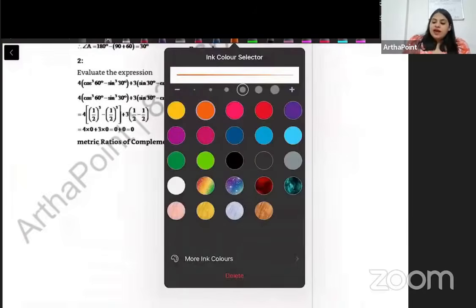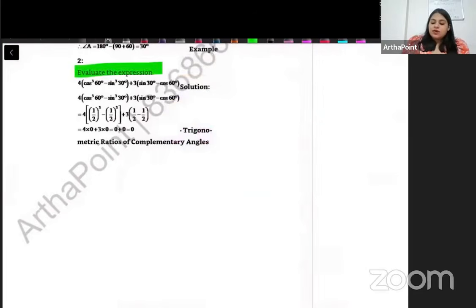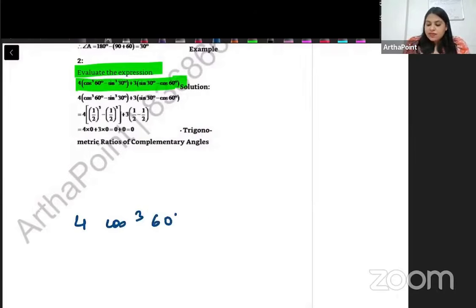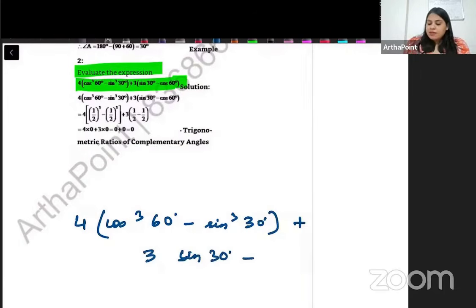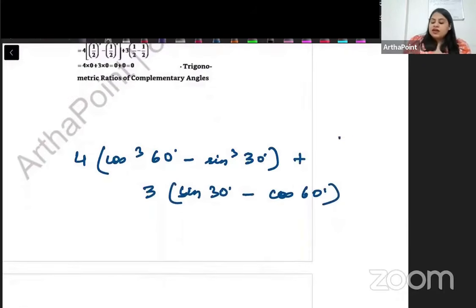Okay. Evaluate the expression. 4 cos cube 60 degree minus sine cube 30 degree plus 3 sine 30 degree minus cos 60 degree. You need to go ahead and evaluate this expression.